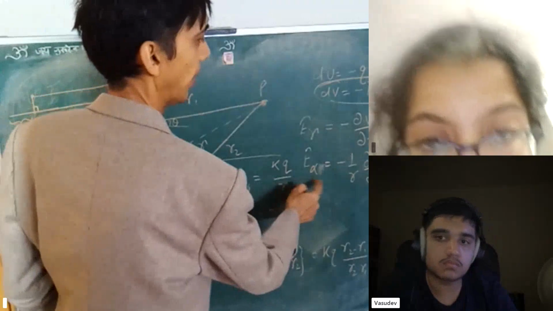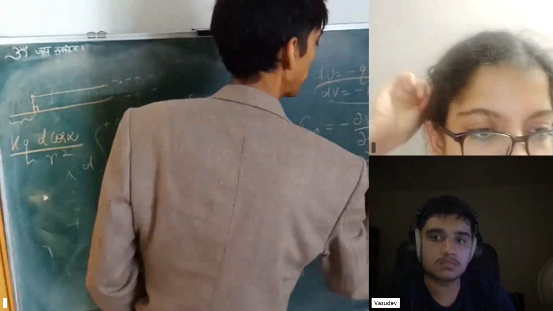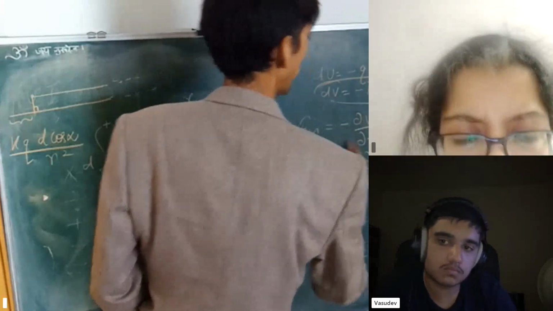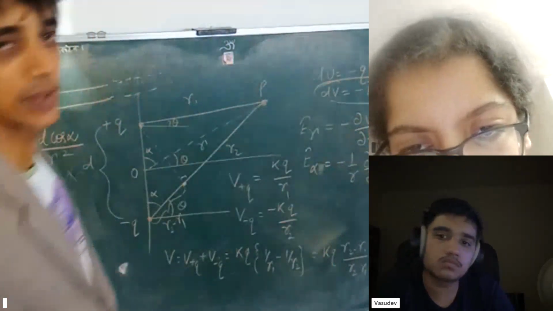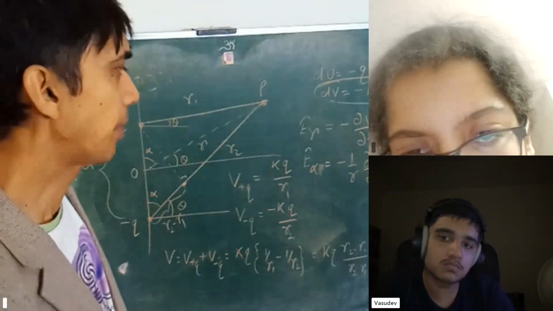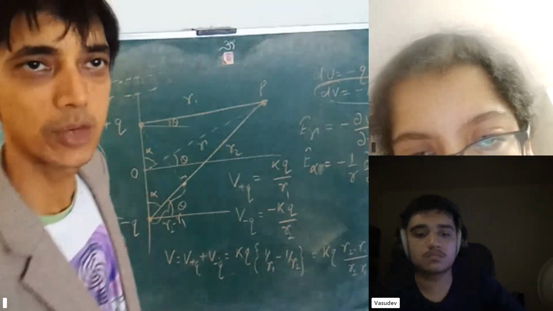Why is E alpha minus of 1 by R, partial derivative of V with respect to alpha? Why did I use 1 by R here, what was the reason it being used exclusively in alpha? Nevertheless, think about it.